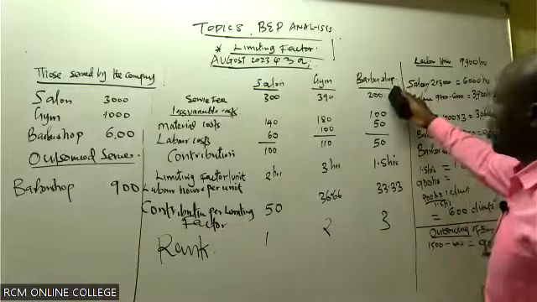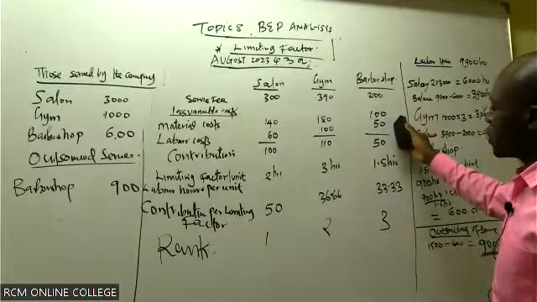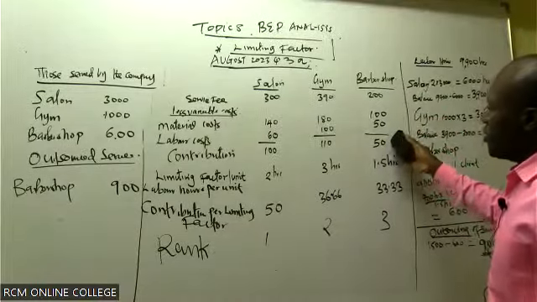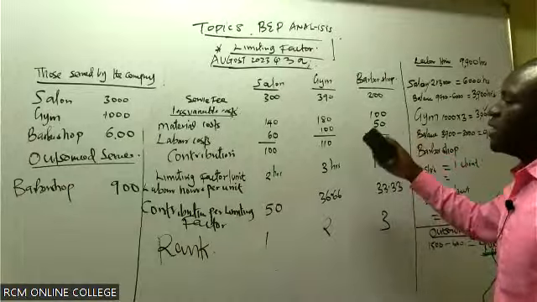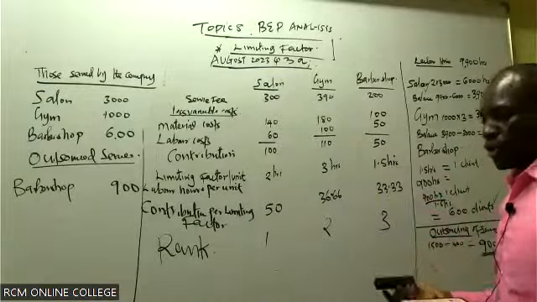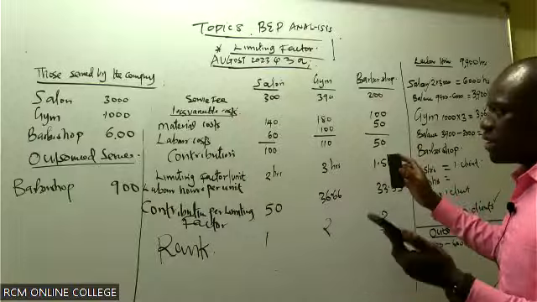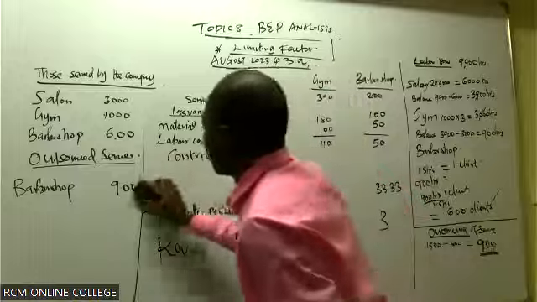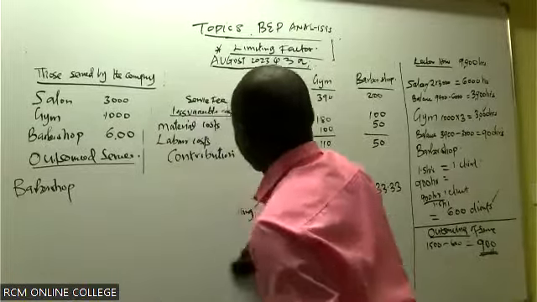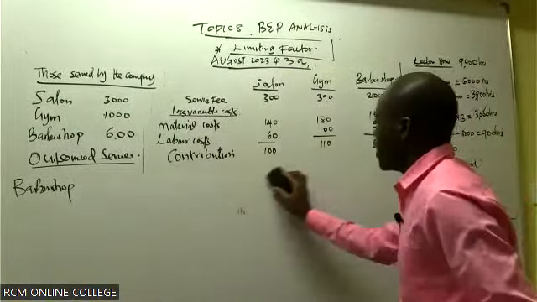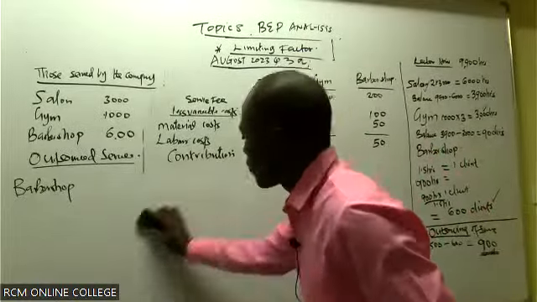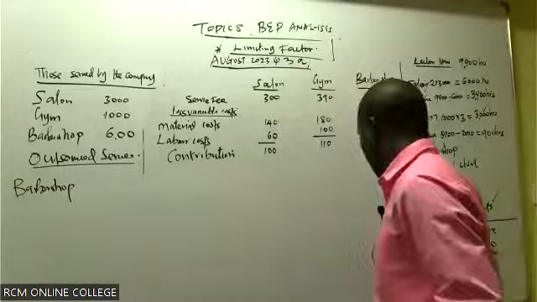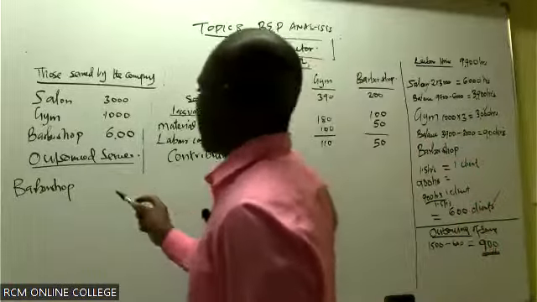The contribution is selling price minus variable cost. It will not change. The only thing that's going to affect these ones is the units that were produced. So I will go to Roman 3, copy everything here except this part.